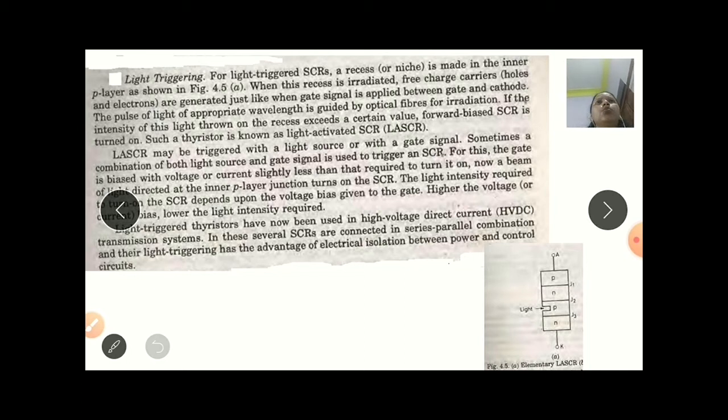At that niche, through optical fiber, if we irradiate some light beam, then through that light beam some kind of charge carriers are generated in the inner P layer.